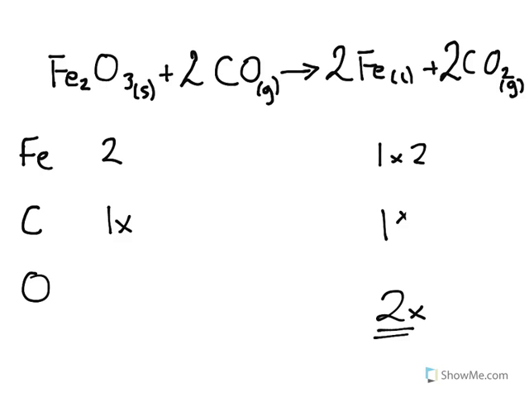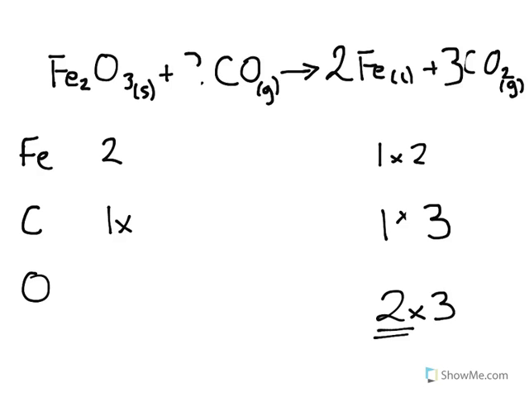So we will then try 3 molecules of carbon dioxide, giving us carbon is now 3 on this hand side, and oxygen is now going to be 2 times 3 to give us 6.